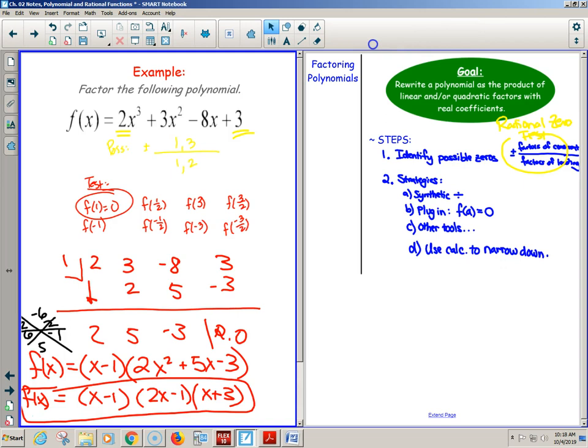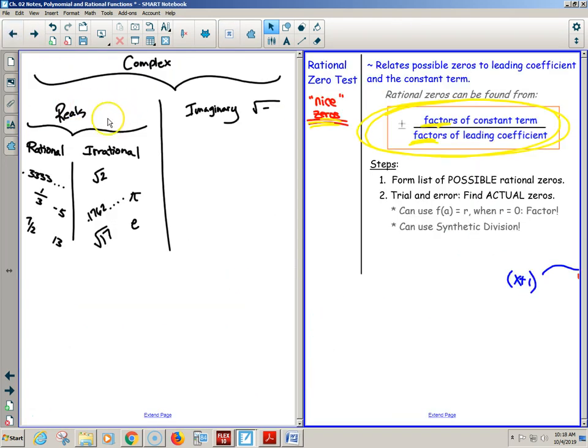If you can't factor like this, are they necessarily imaginary? No, but you would have to go to your quadratic formula to see if they were nice real ones, ugly nasty real ones, or just imaginary ones. Remember, the quadratic formula can have nasty radicals in there that are real, but they can also have radicals that are imaginary. Remember yesterday we talked about what kinds of numbers there are.